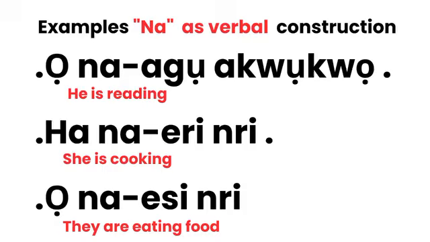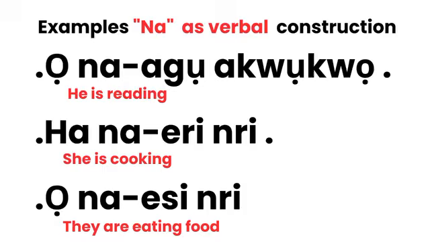He's reading. Ha na-eri nri. They are eating. There's a mistake there, not she. Ọ na-esi nri. He or she is cooking.